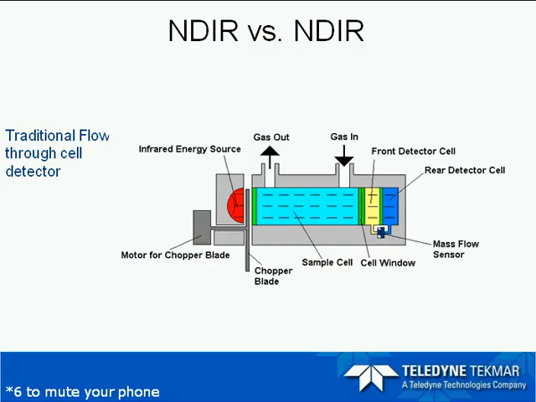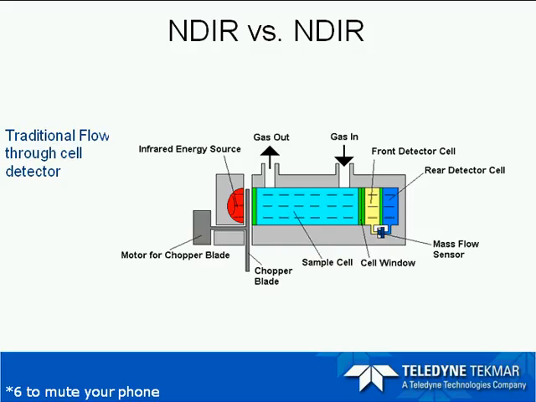Now the energy between the front and rear detector cell is different, and that difference is detected by the mass flow sensor. So as the gas flow comes in, and you have an increase in CO2 concentration and less IR energy hitting the front detector cell relative to the rear detector cell, you have an increase in the electrical output. So your cell goes up, and you see an increase in your spike or your millivolt reading.